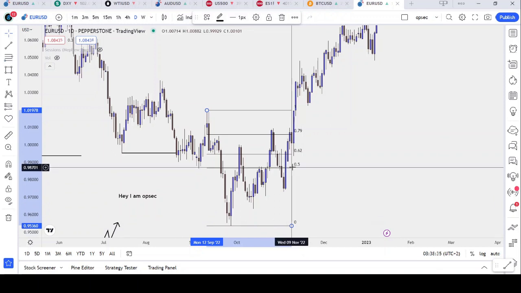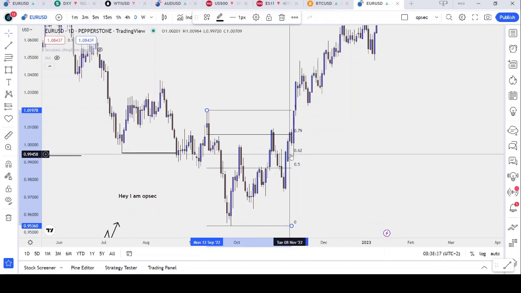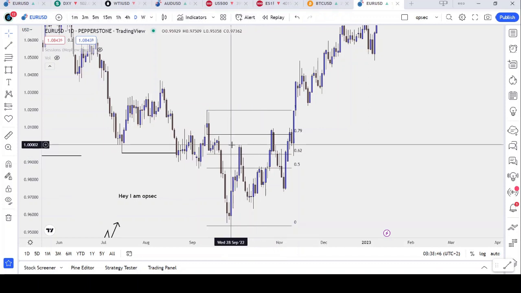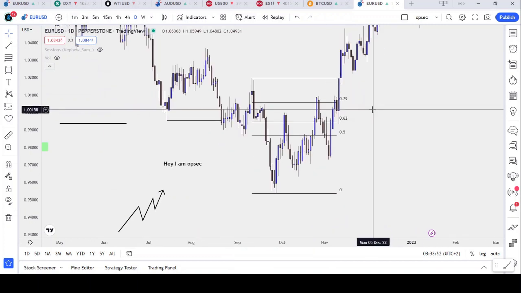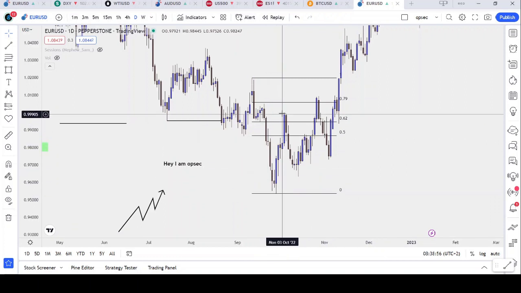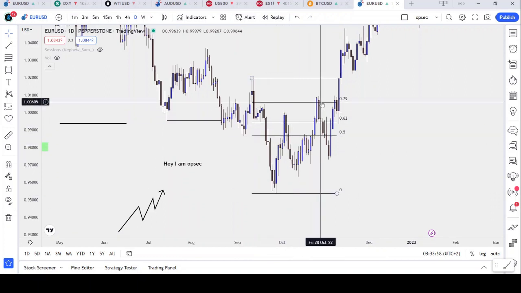Anything above the 0.5 is the premium. Between the 0.62 and 0.79 is what's called the golden pocket, the optimal trade entry. This area generally is where higher resistance starts. That's way more advanced, and I don't want to get into that now. But just look and see how price went up, and when it got to the 0.62, 0.79, it started consolidating.